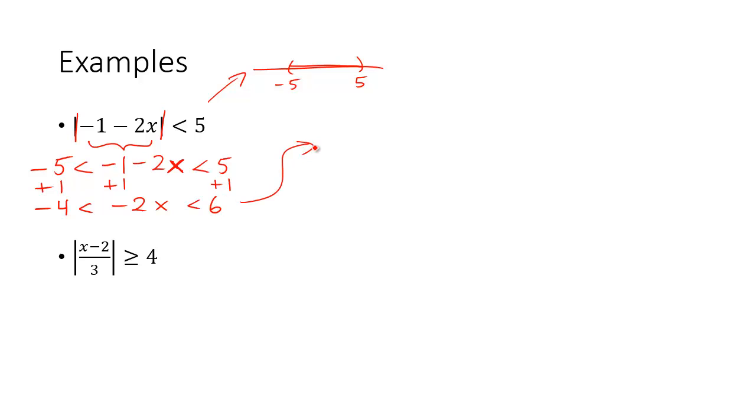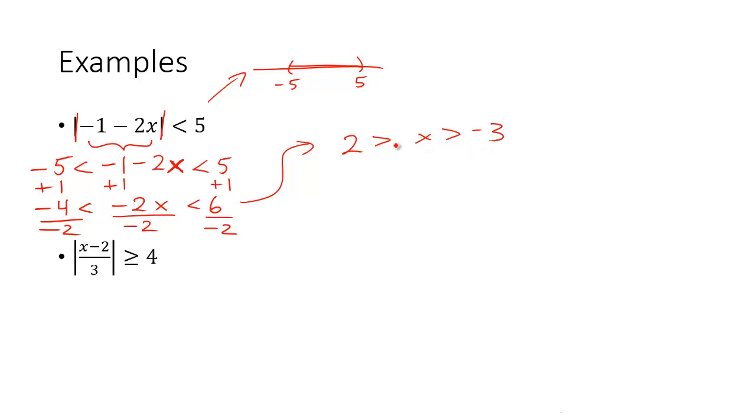We can continue. Now you see we need to divide by -2, but when we divide by a negative, we need to switch the signs of our inequality, right? So we can switch them like this first, but you'll notice that this does not quite follow the pattern of how we write things normally.